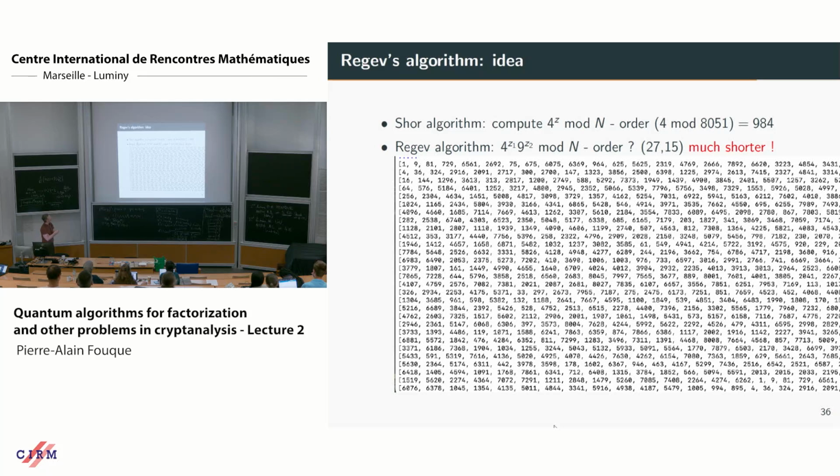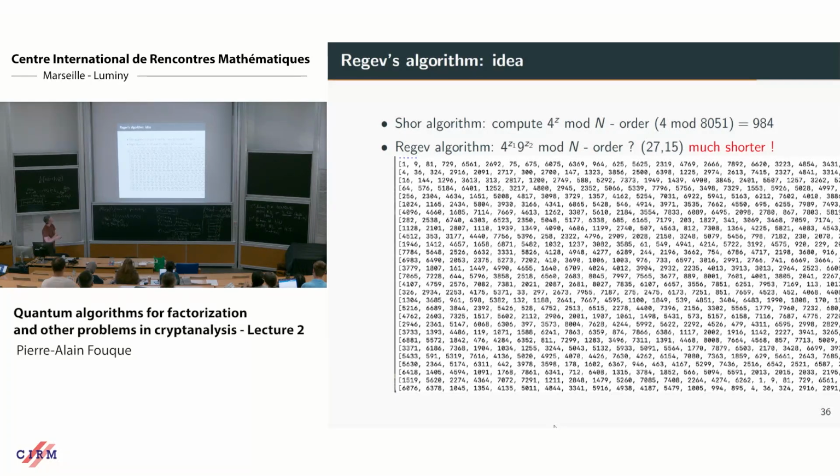And for instance, here I just show you some of the values that I computed. If you look carefully, here I have 1, 9, 81, 729, and you can see that you have exactly the same period here.